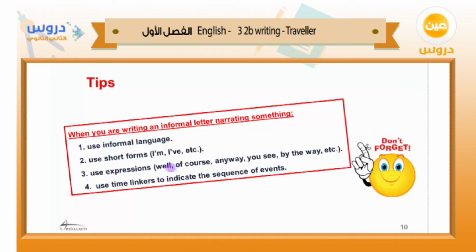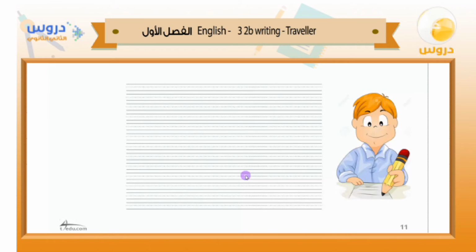Also, you can use some expressions like well, of course, anyway, anyhow, you see, by the way, at the end of the day, etc. And for four, use time linkers to indicate the sequence of events, like meanwhile, first, second, as soon as, when. These will help you create coherence, one whole of your events, and it will also organize the events that happen in the story.